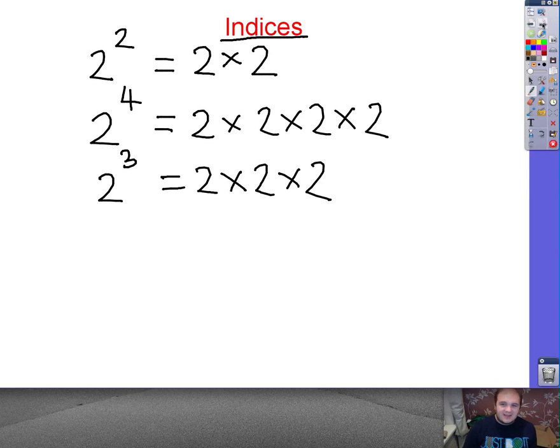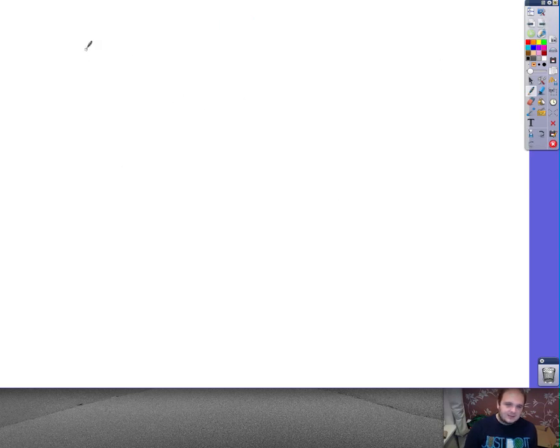So, if I had something like 2 squared multiplied by 2 to the power 3, I need to be able to come up with a quick way of writing what this would be. So if we write out 2 squared, we know it's 2 times 2.